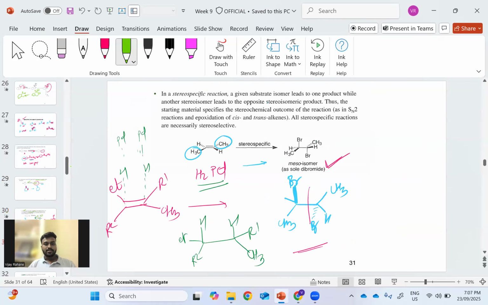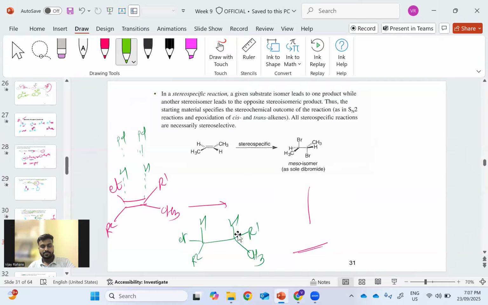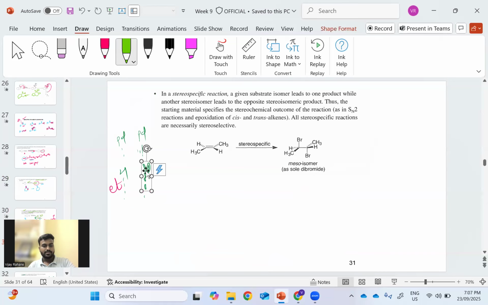And again, we have the stereospecific as well. So let's take this example. I'll just remove all the remaining earlier drawings.